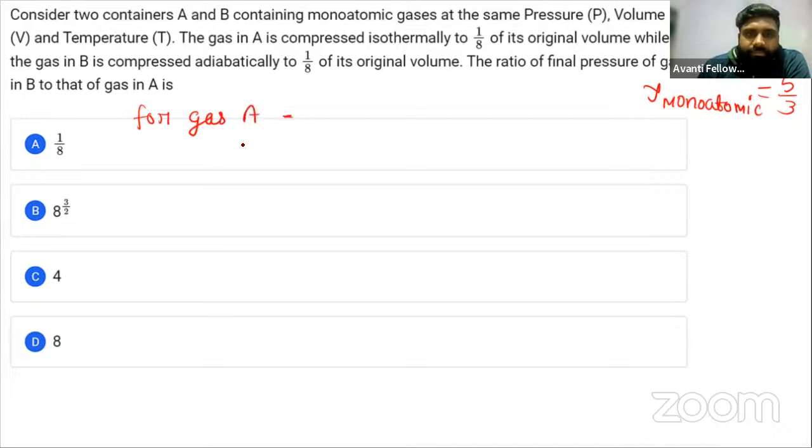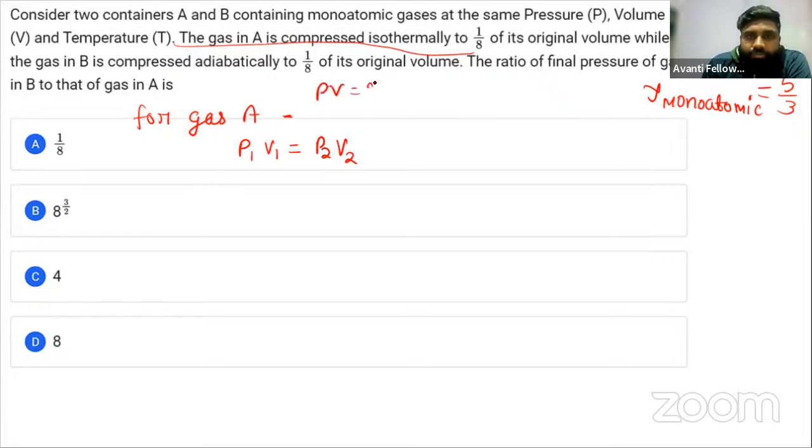Now for gas A, this gas A is compressed isothermally. So for an isothermal process, we say that P1 V1 is equal to P2 V2 because temperature is constant.